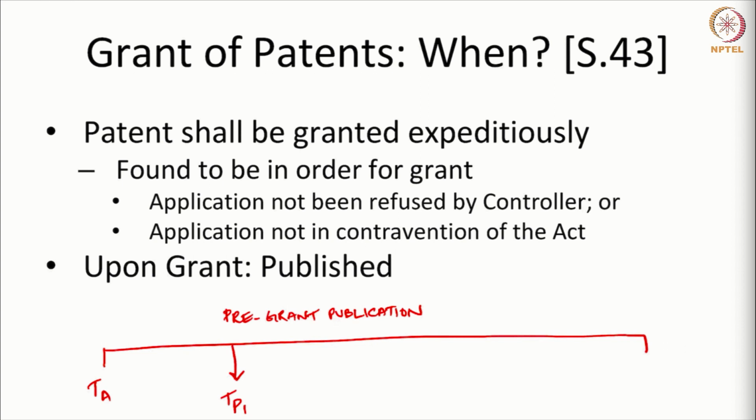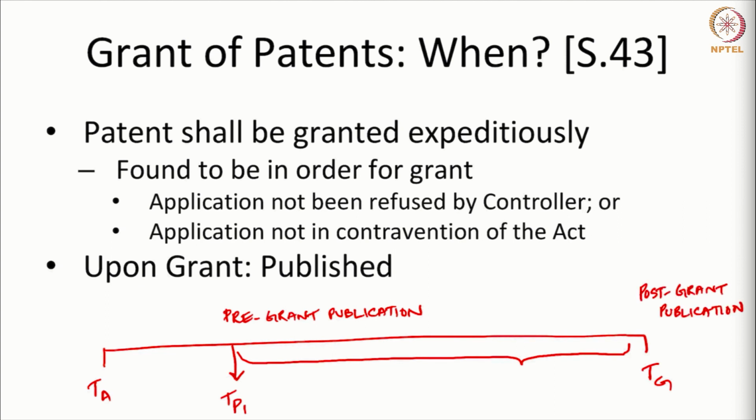So now the pre-grant publication happens before the examination. Now, this entire period is where the examination happens, and there is TG, the time for grant. So the time for grant is the post-grant publication. Here we can also call it TP2, which is the second publication.